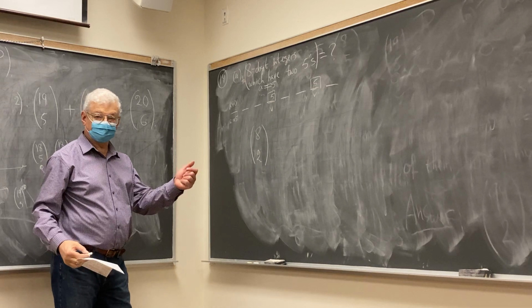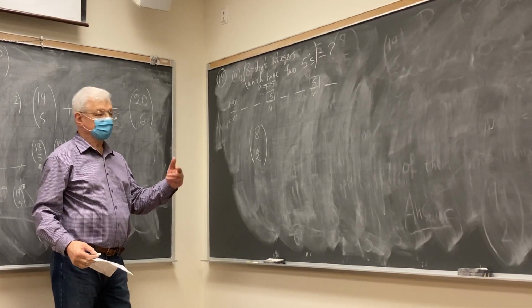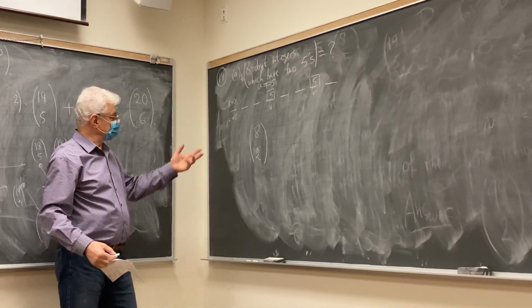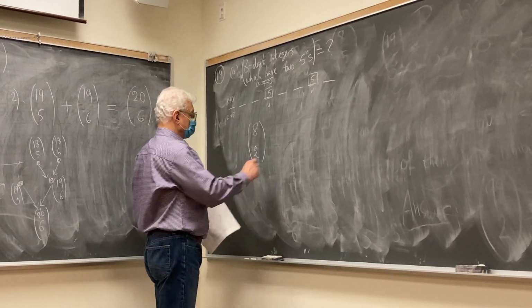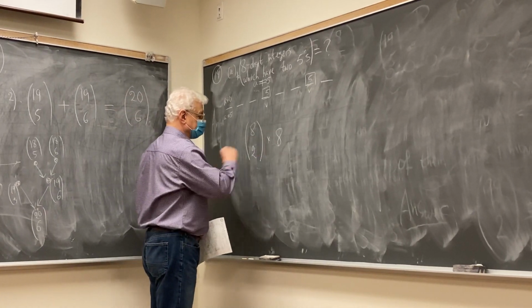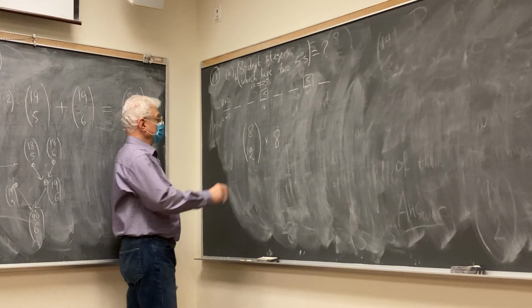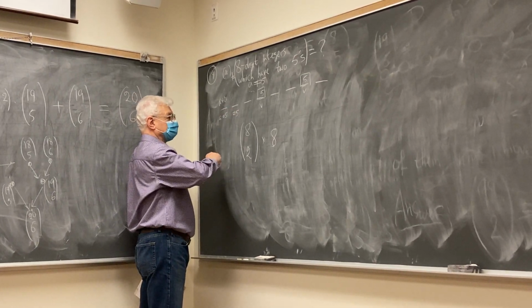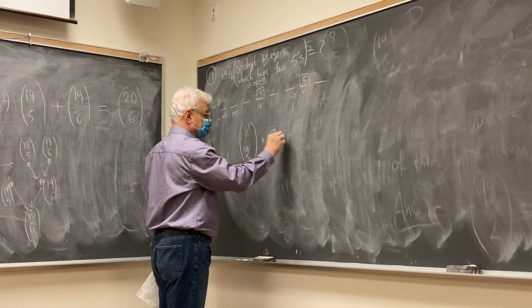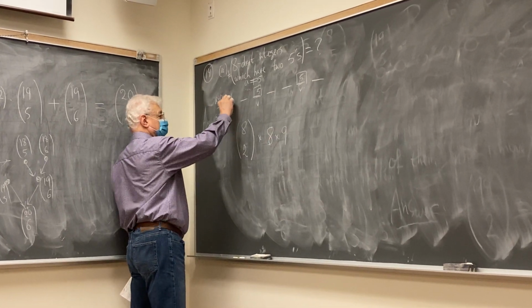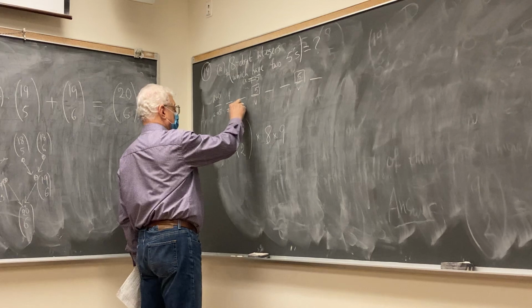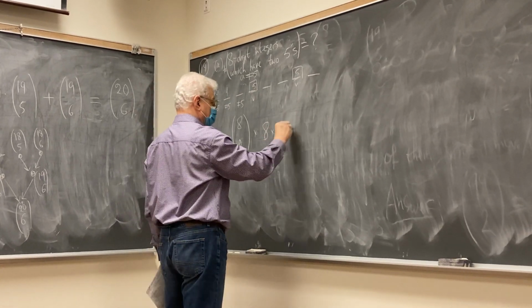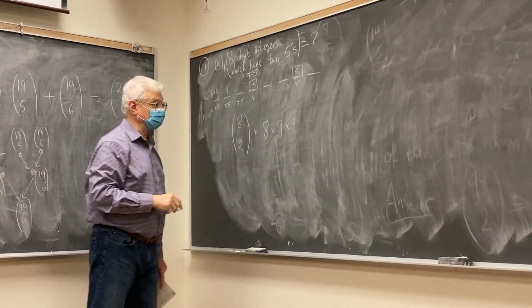We have 1, 2, 3, 4, 6, 7, 8, and 9. So 10 minus 2 will be 8 possibilities for the first one. Okay, B is not 5, so we have 9 possibilities. This one also not 5, so again 9 possibilities, 10 minus 1.